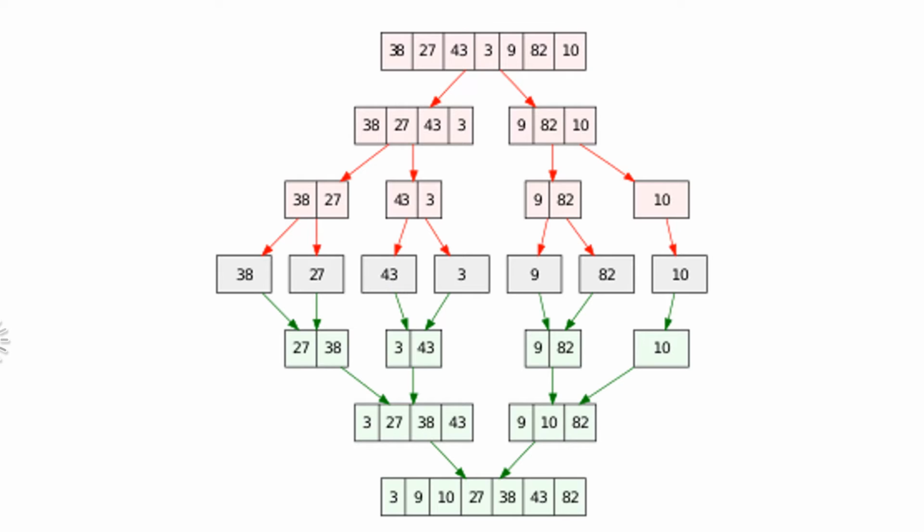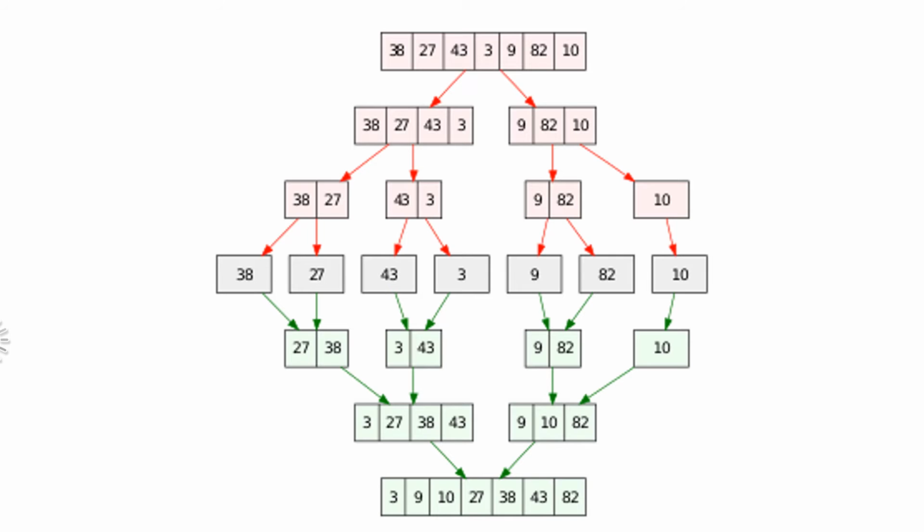So, the first two, 38 and 27, we merge into a small list. We then look at 3 and 43, and they're put in correct order, 9 and 82, and 10 is left on its own. The more complicated part now comes comparing the items in the list. So we compare 3 to the first item in the other list, so 27 versus 3.